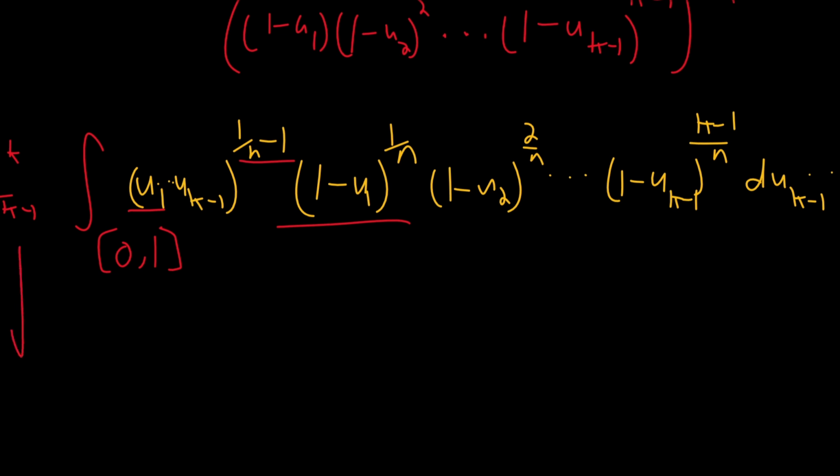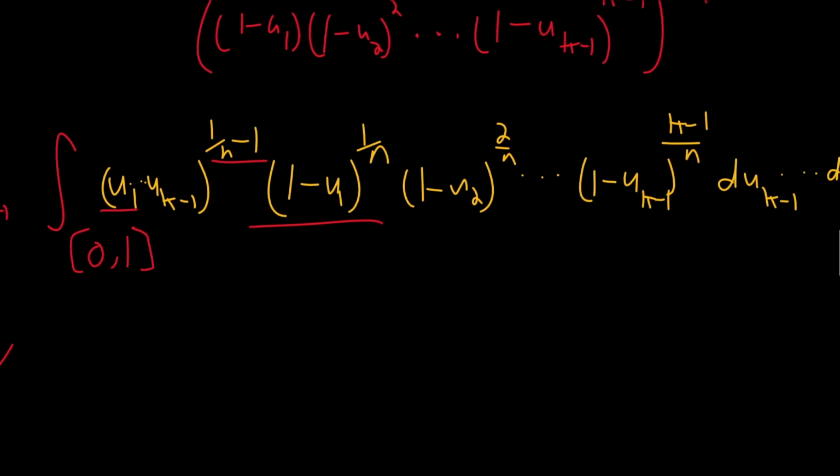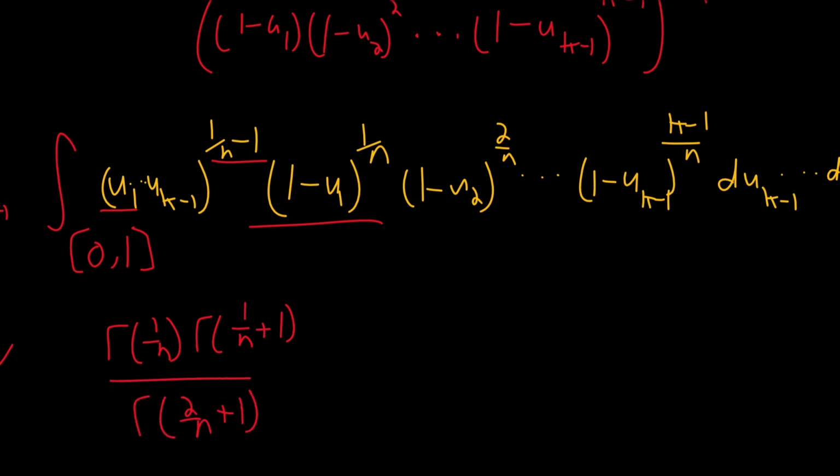So bring the r and n down. What we have then is, what's our first term right here? We have gamma of 1 over n, and then gamma of 1 over n plus 1 over gamma of 2 over n plus 1. This is just by the definition of the gamma, or beta function, pardon me. And then that's going to be multiplied because this is kind of like a separable integral.